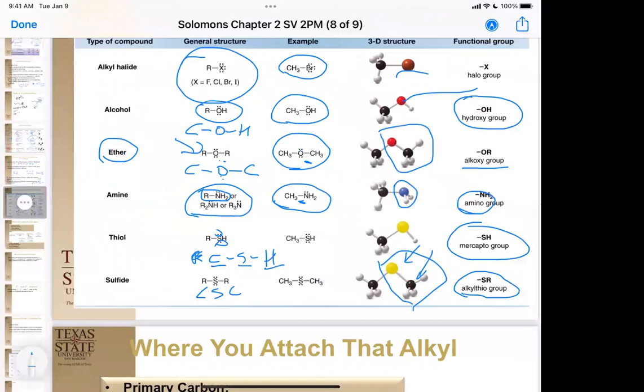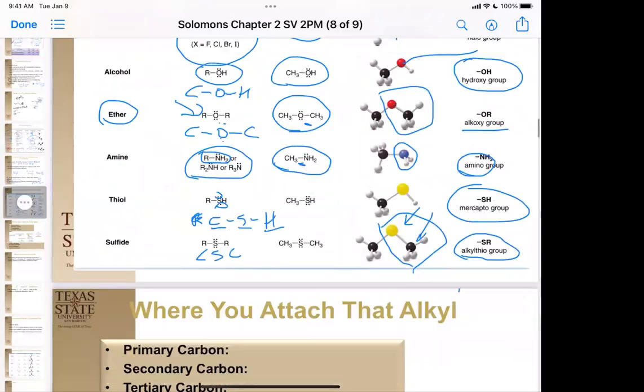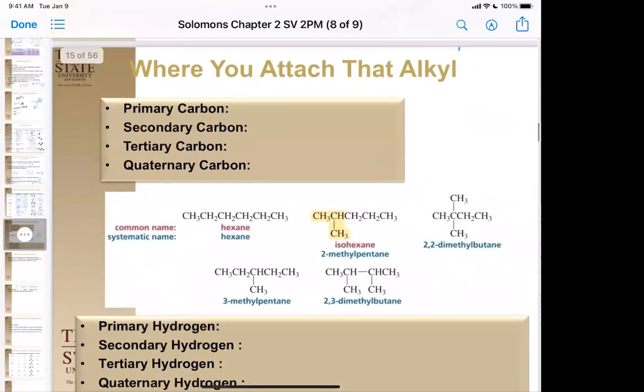So let's talk about getting a little more specific about where things are. If you have a carbon bonded to only one carbon, we have a special class for that. We call them primary carbons. So a carbon attached to only one other carbon is a primary carbon.